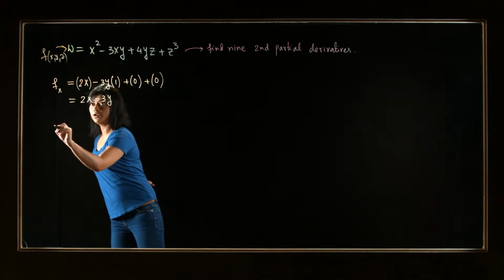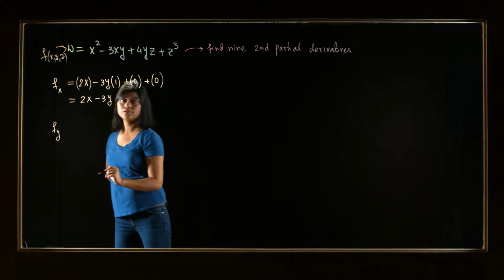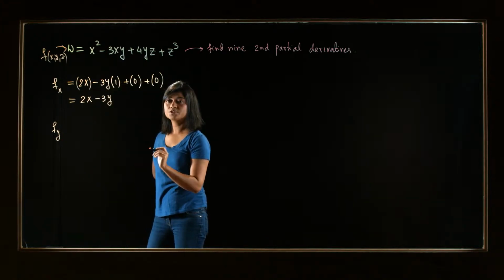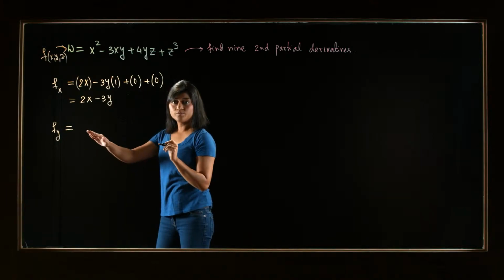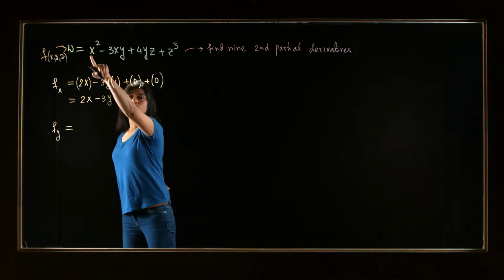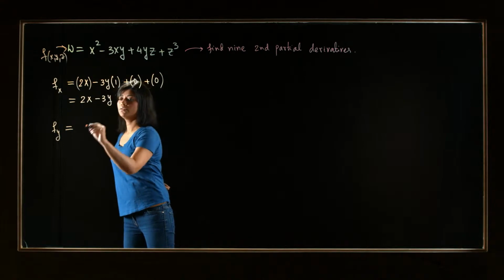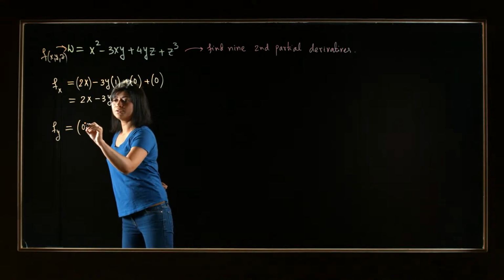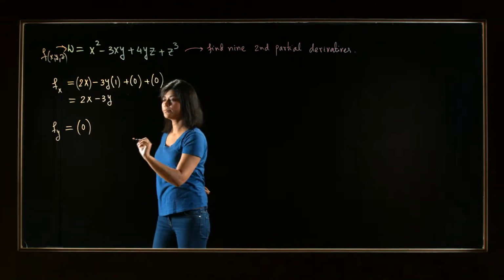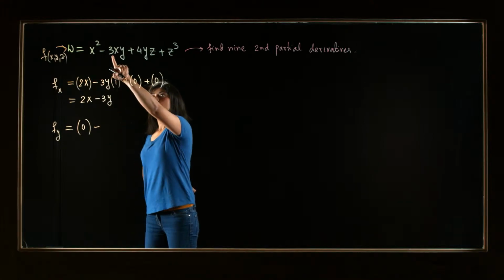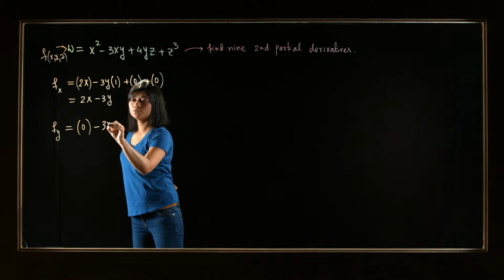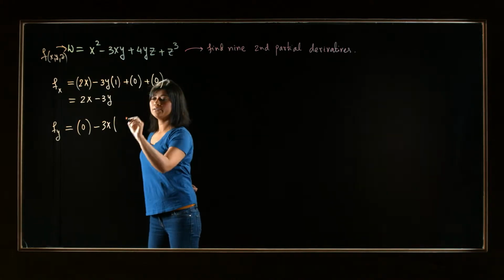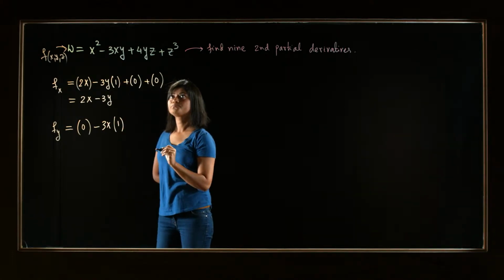All right, move on to fy. So partial derivative with respect to y. Remember, x and z will be constant now. So the first term has just x square, no y, therefore the derivative is 0 since it's a constant. Second term, 3x, both constant, pull it out, take the derivative of y, that is just 1.